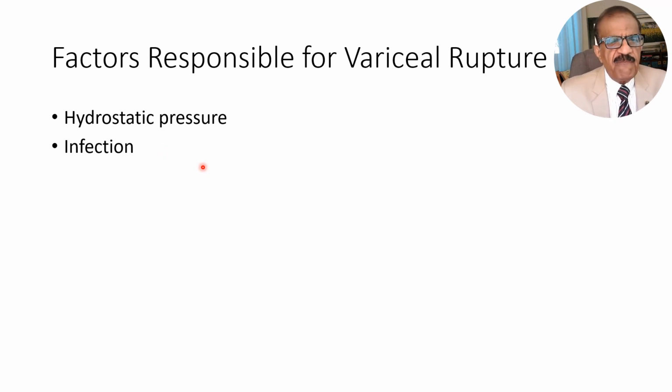Now this we have seen, that there is some correlation between systemic infection and rupture of the portal system, now portal veins, the varices. Maybe because of the infection there is increased blood flow, or maybe because some enzymes are secreted, the veins become more friable, but there is an association between infection and variceal bleed if you already have varices.